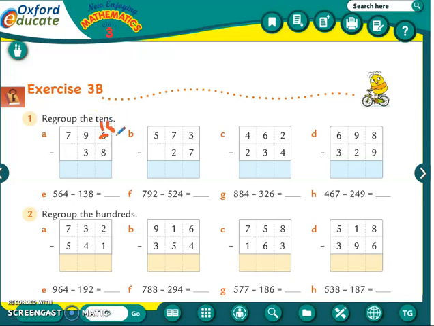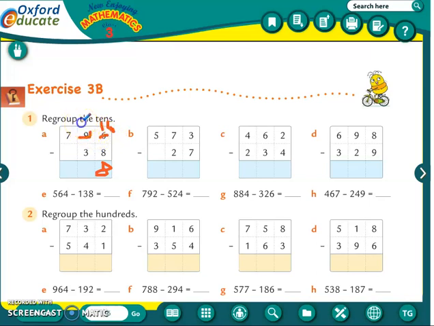And 16 minus 8, what will be the answer that we have to write here? What will be the answer? 8. You write the number properly. Here we have to cut 9 also, because we had borrowed from the tens.